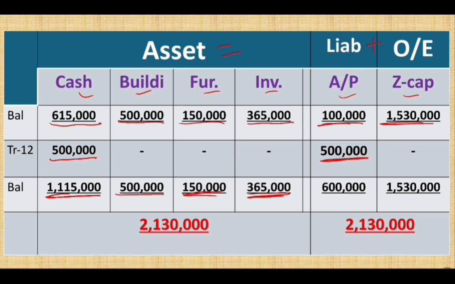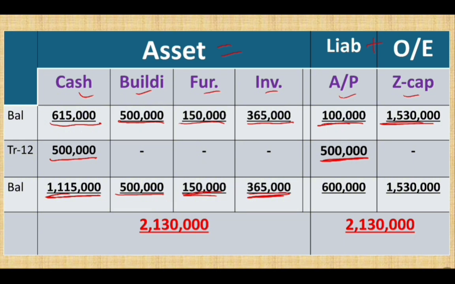This is the same. The inventory also remains the same, 365,000. But here, during transaction 12, there was a credit made by the company from Citibank. Therefore, there is a liability of 500,000.